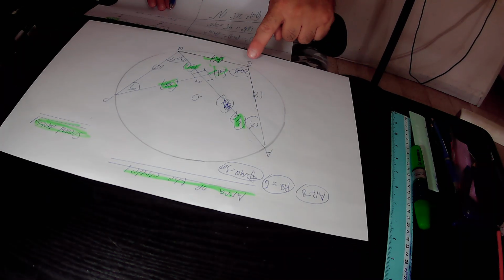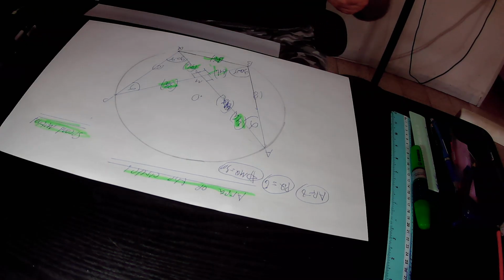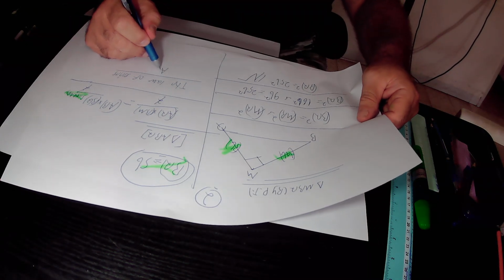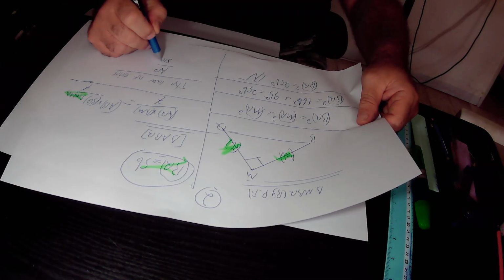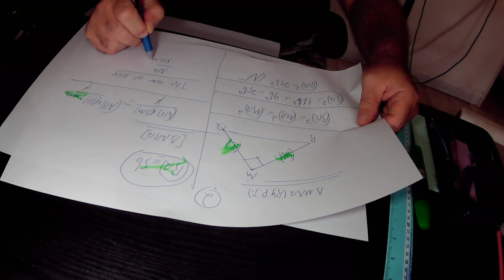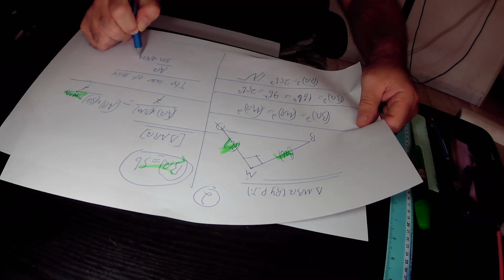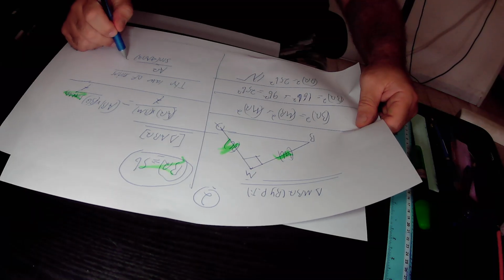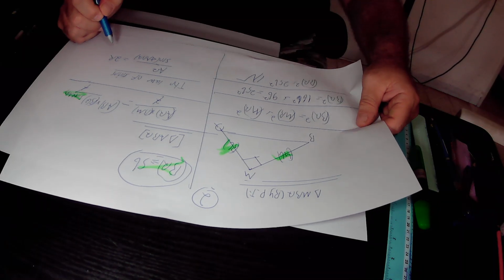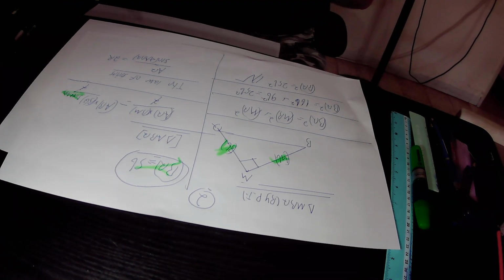AQ over sine angle ABQ equals 2R. Again, this equation is the implementation of the law of sines in our drawing.